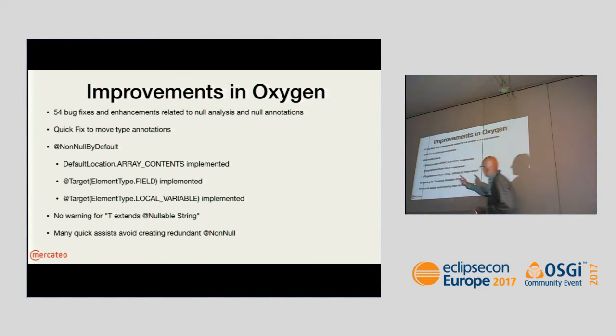But looking at it, there were 55 bugs fixed. And I'd say Oxygen is the first release where these null type annotations are really usable and complete. Some things were completely missing, like the default location array contents was simply not implemented. There were not too many bug reports; hardly anybody ever used it.